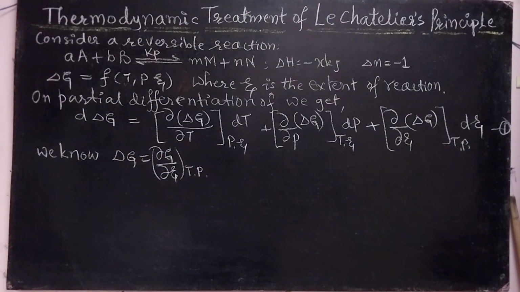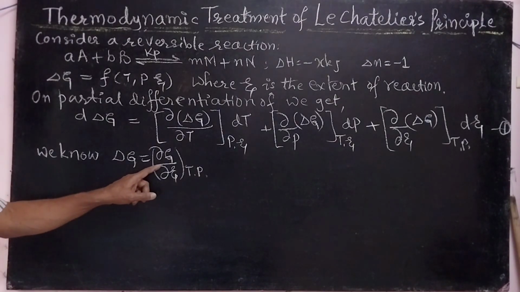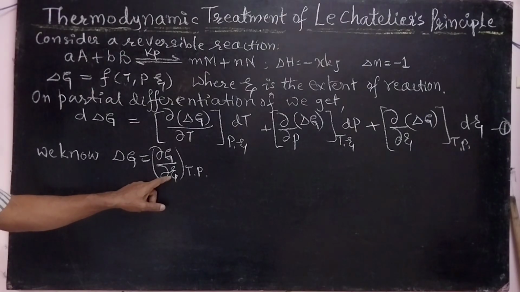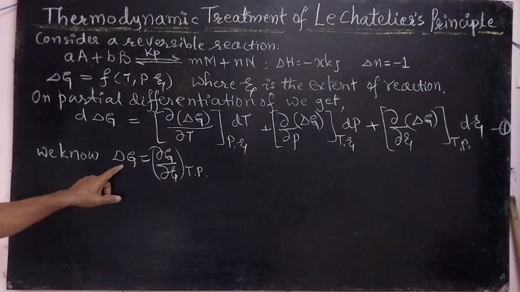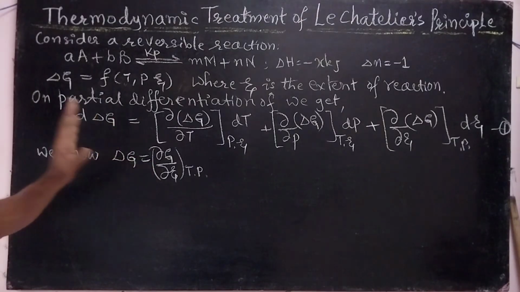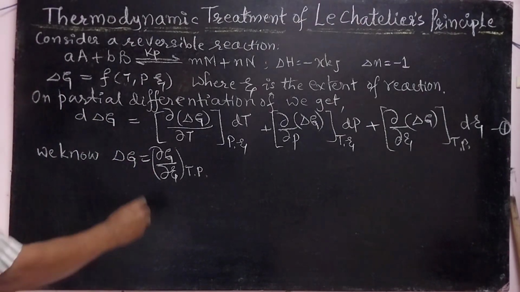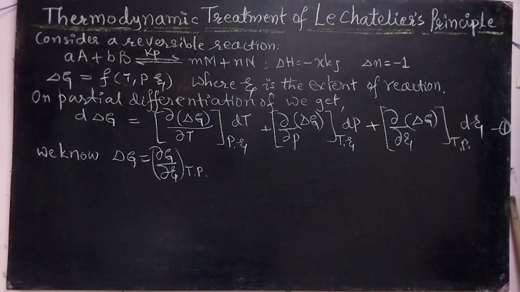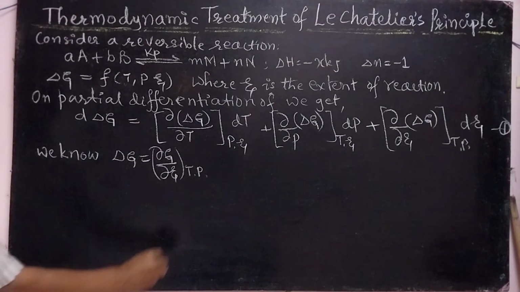This is by the definition of chemical potential. It means the ratio of change in free energy with respect to a small change in the number of moles of components, that is the free energy change, is the chemical potential. Now we can substitute this term.